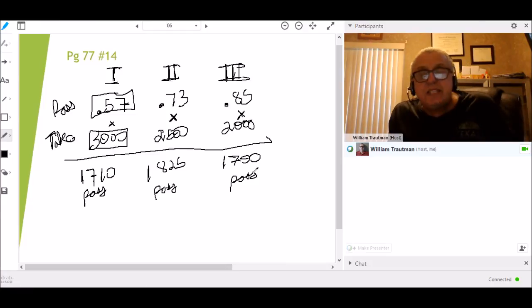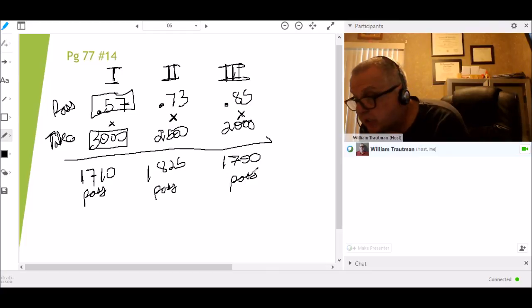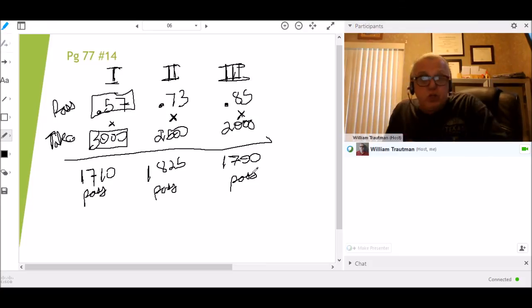So, what's my chance of passing a test? That's what the question is. If we look at question 14, at the bottom it says, what is the probability that he or she passed the exam? We're looking at everybody here, picking one person. What's their chance of passing the test?